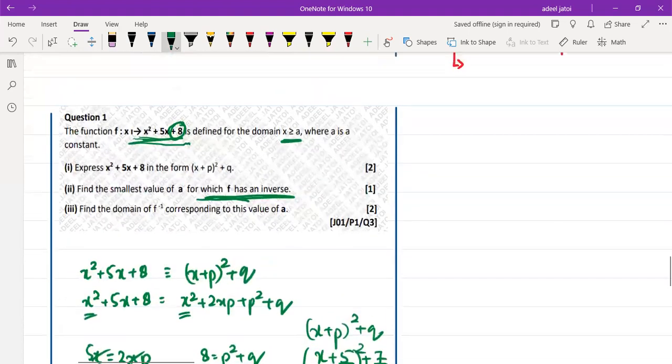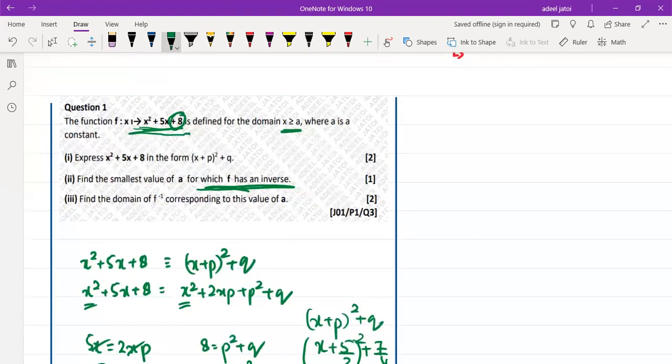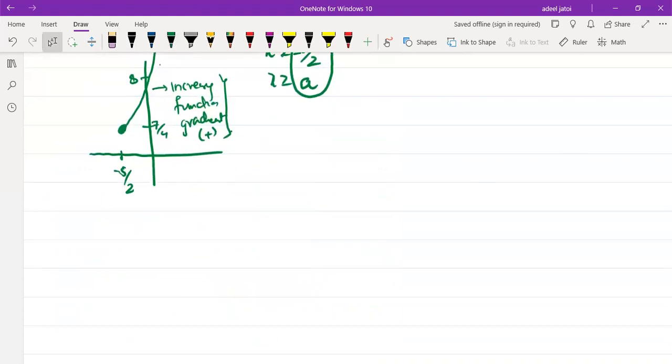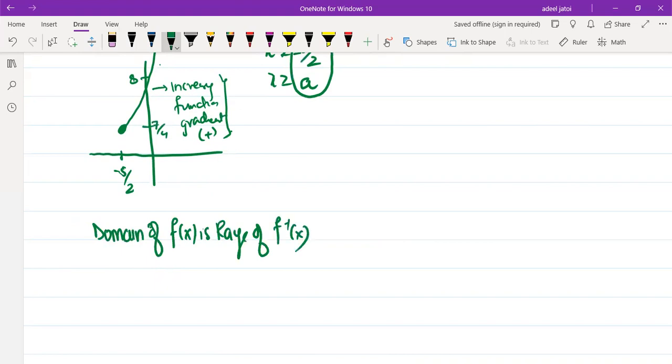Now find the domain of f inverse corresponding to this value of a. You need to understand, as we have been doing, that the domain of f(x) is the range of f inverse of x, and the range of f(x) is the domain of f inverse of x.